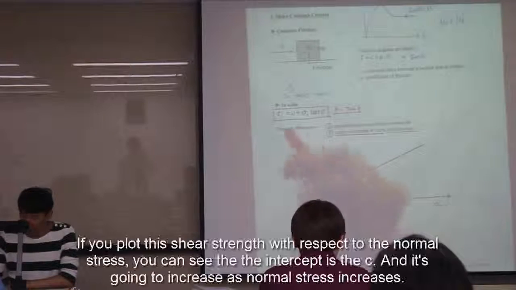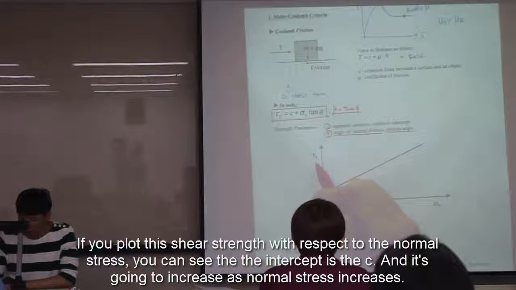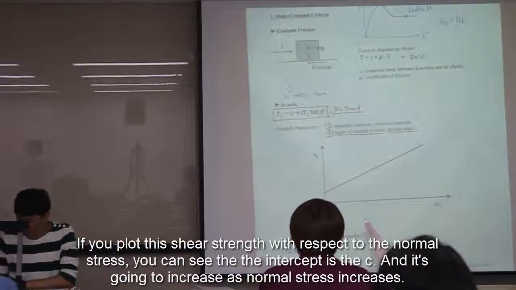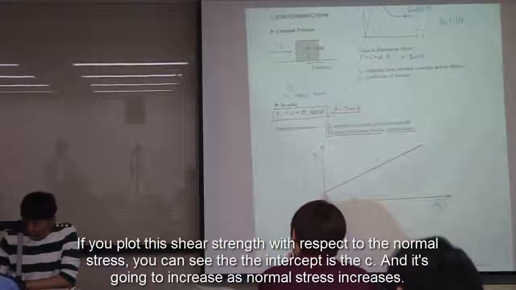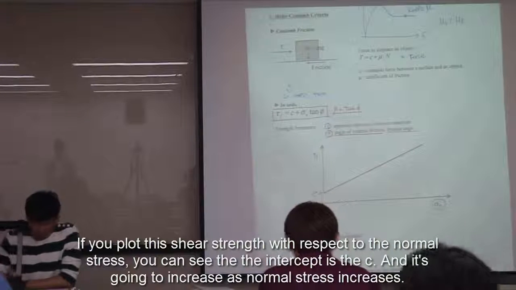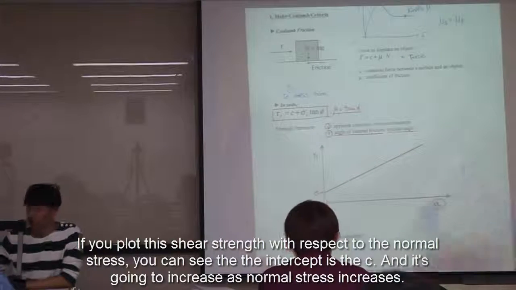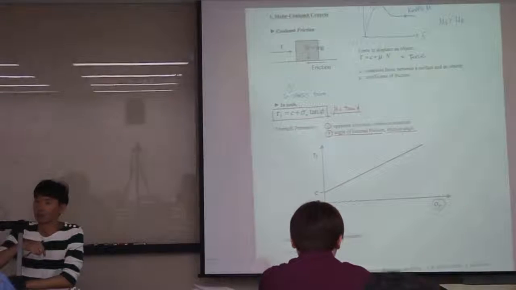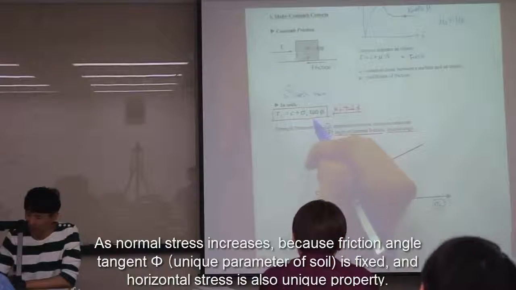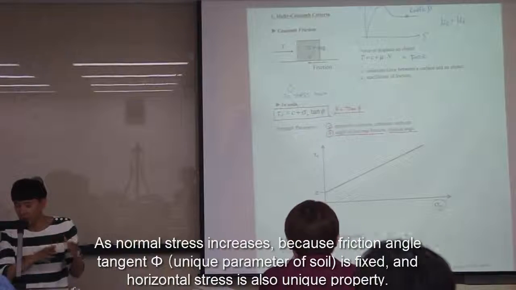Then if you plot this shear strength with respect to the normal stress, you can see that the intercept is the C, and it's going to increase as normal stress increases, right? Because tangent phi, the friction angle, is fixed.